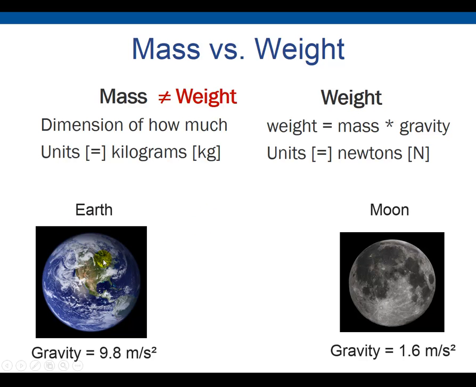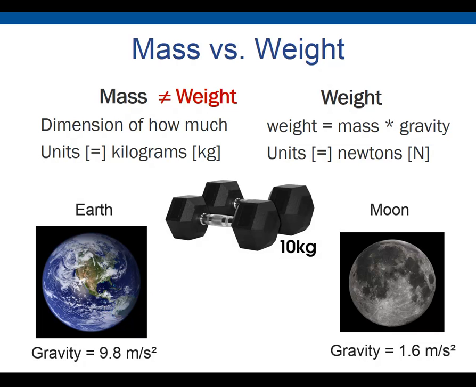We have Earth and Moon here. Let's say we have a 10 kilogram dumbbell. As you can see, the gravity on Earth and the gravity on the Moon are quite different.